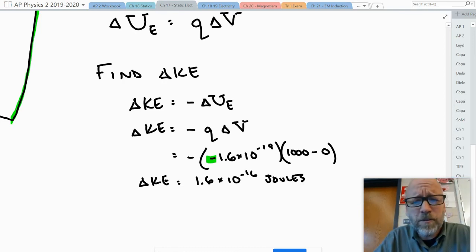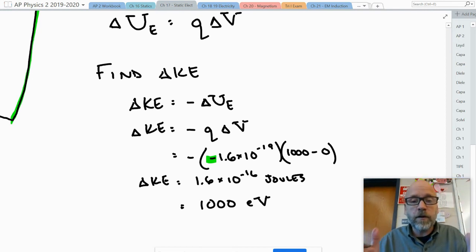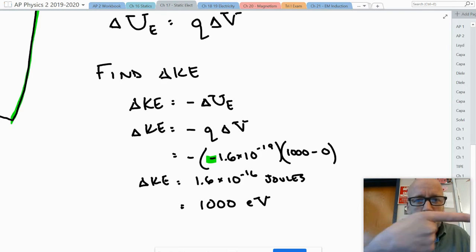Do you know what else it's equal to? What other unit of energy? It would also be equal to 1,000 electron volts, because the electron volt is, by definition, the amount of energy an electron has when it's accelerated across 1 volt.